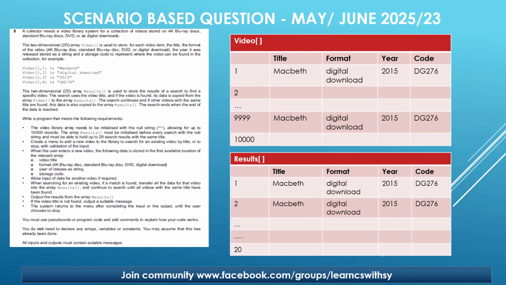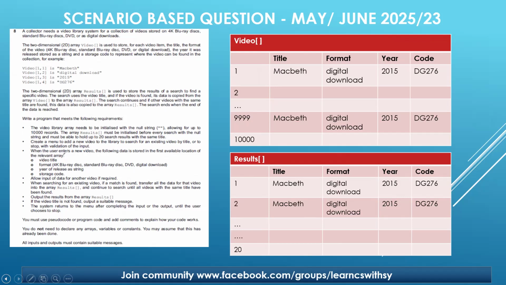Now moving to requirement number 3. When the user enters a new video, the following data is stored in the first available location of the relevant array. So you can see here, they have given you the term relevant array. It means that you need to understand which is going to be the relevant array, isn't it? Now you have to be very clear about it.